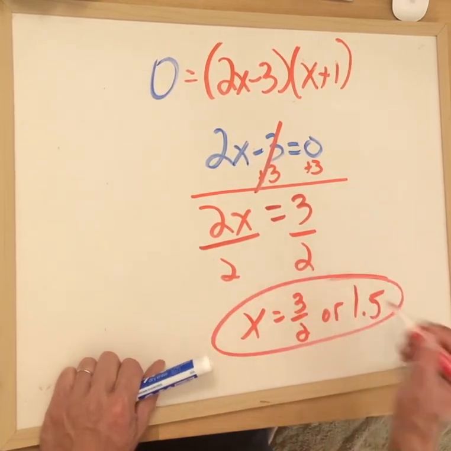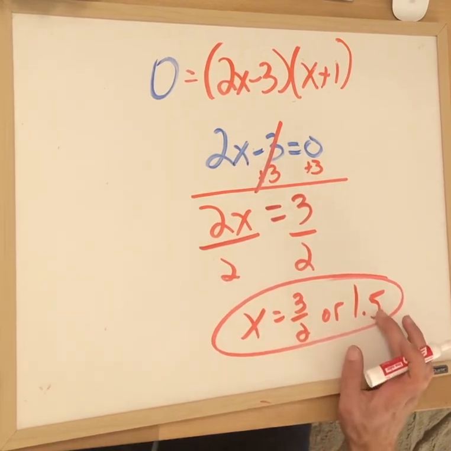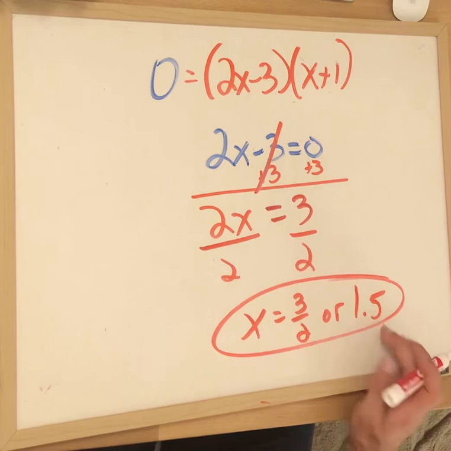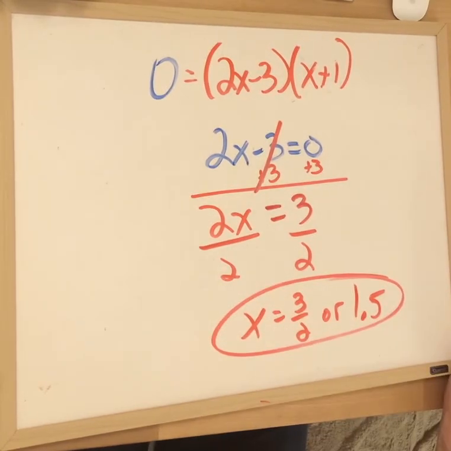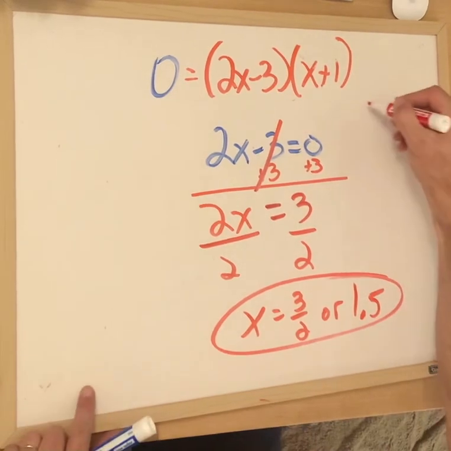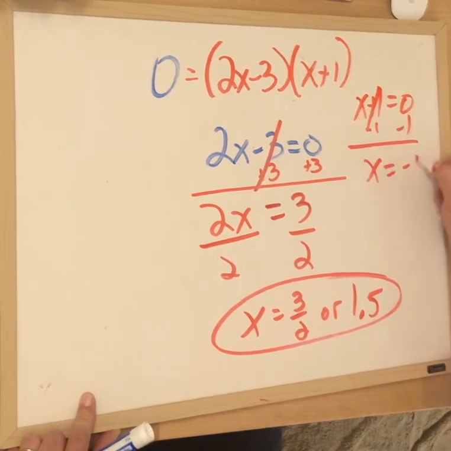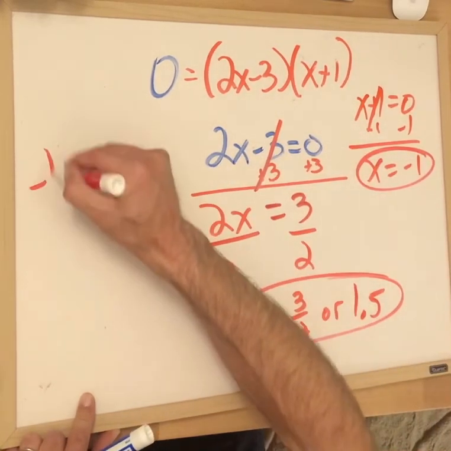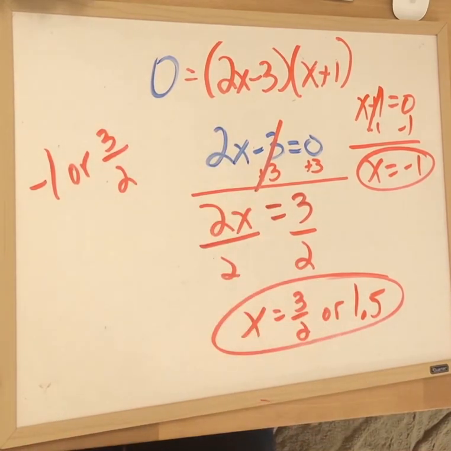So you can leave it as 3 halves, or you can write it as 1.5. That means that one of the zeros, or one of the places where it crosses the x-axis, is at 3/2 or 1.5. Now for this one, x plus 1 equals 0. Subtract 1 to get x equals -1. So my two solutions are -1, or the book likes to leave it as a fraction, 3/2.